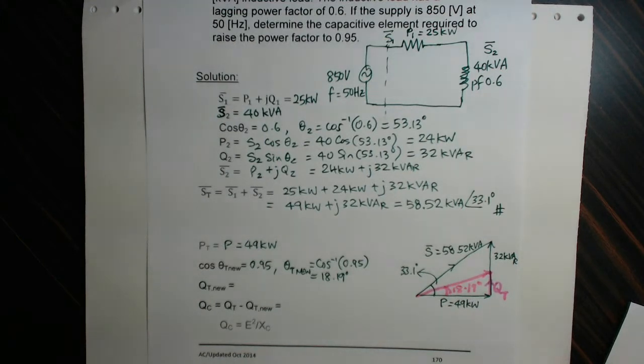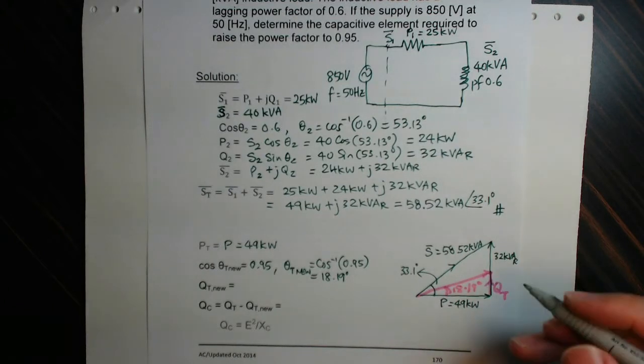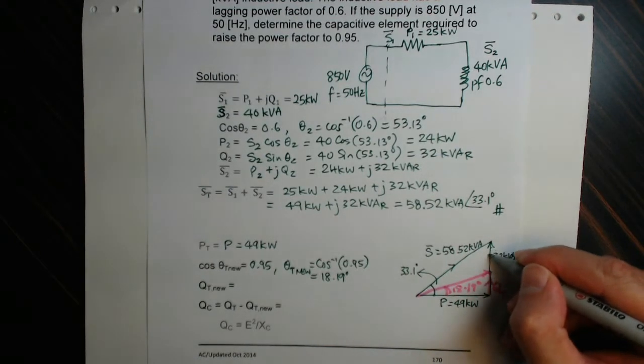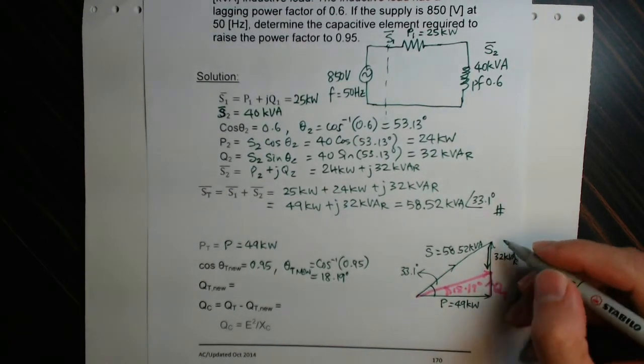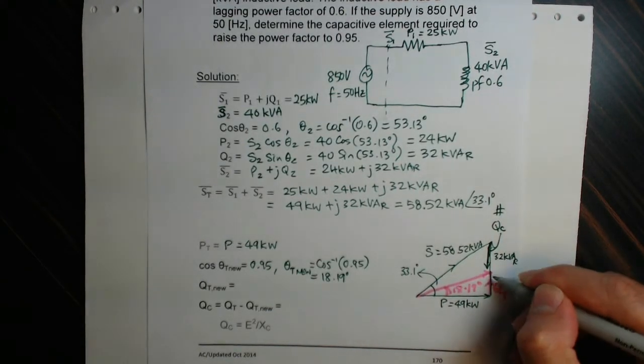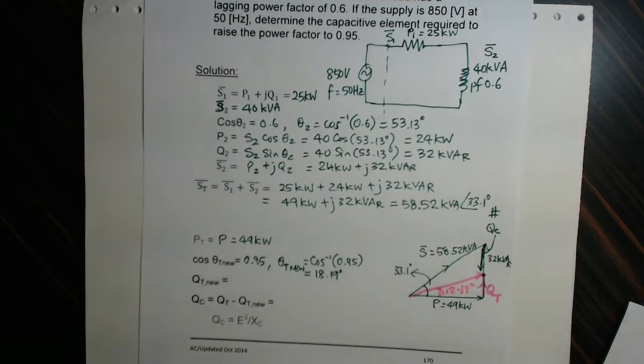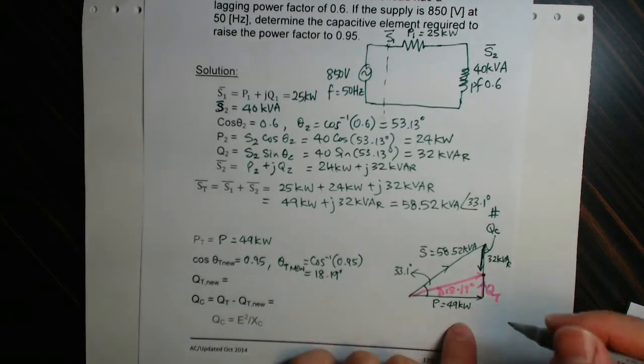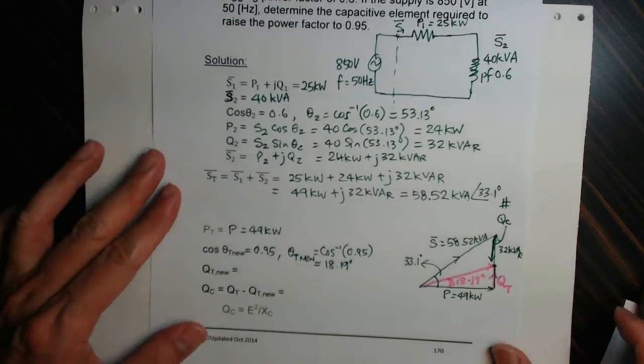I have to find a way to introduce a capacitor that will contribute this Q here, which we call QC, so that the final reactive power will become lower. So how do I know how much that is?